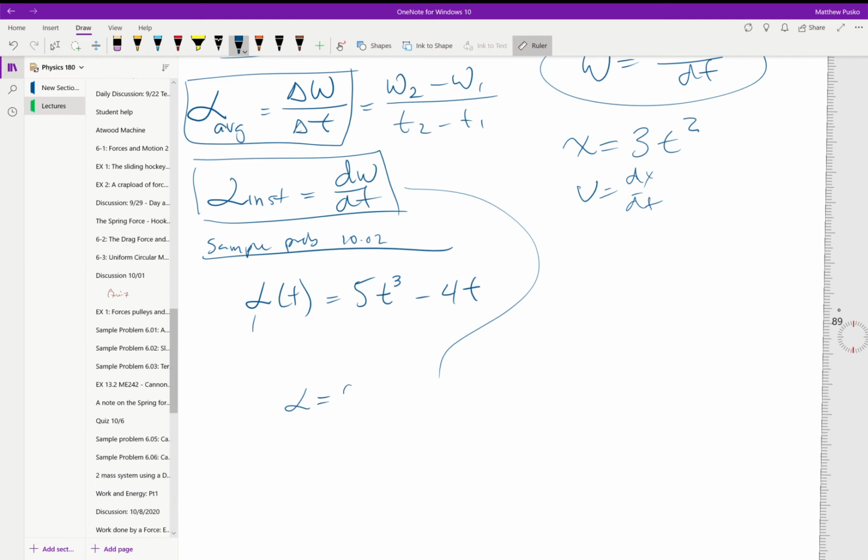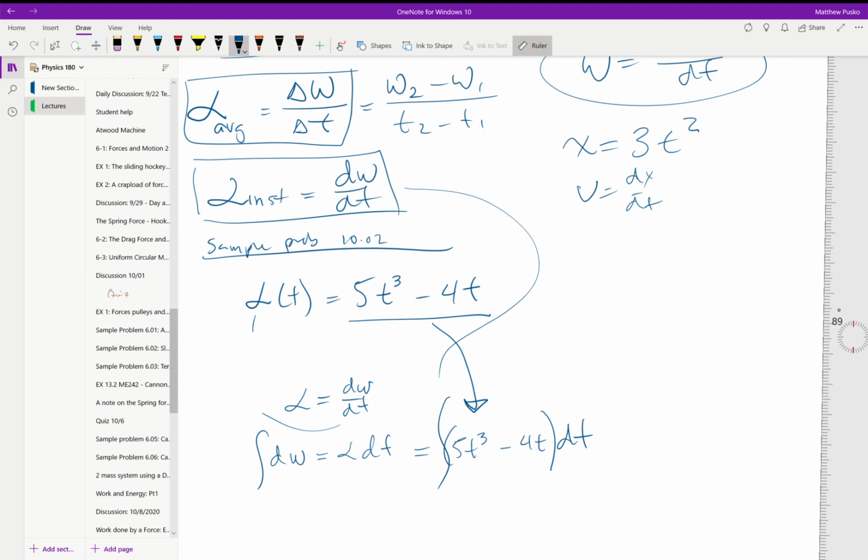So if we have alpha is equal to d omega dt, we can put the dt on the other side, say d omega is equal to alpha dt. And we're given alpha, so we can plug that in: 5t to the third minus 4t dt. Well, guess what? We can integrate this whole thing.